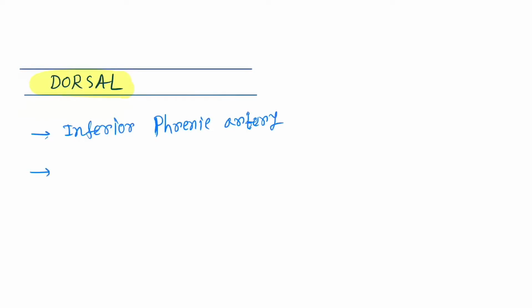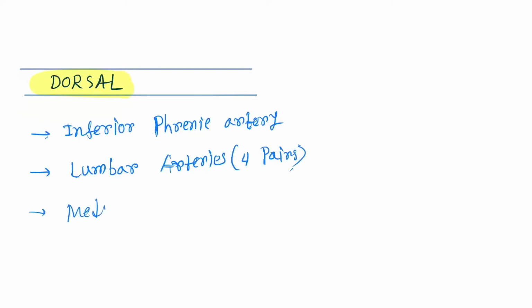Okay, next, lumbar arteries, four pairs. Next, median sacral artery. This is unpaired.